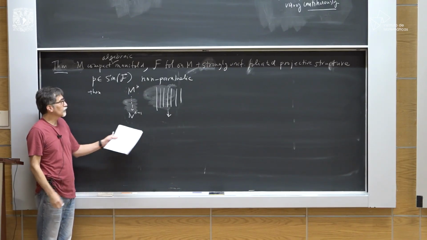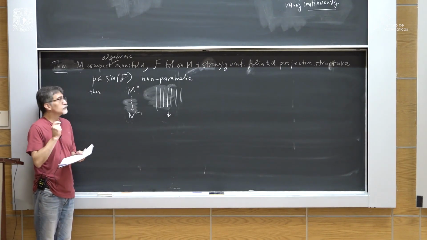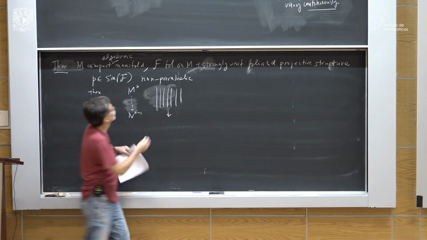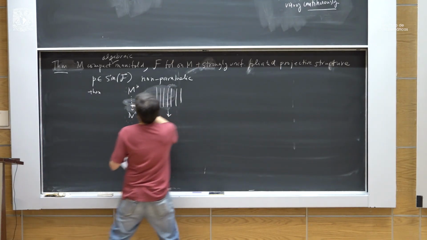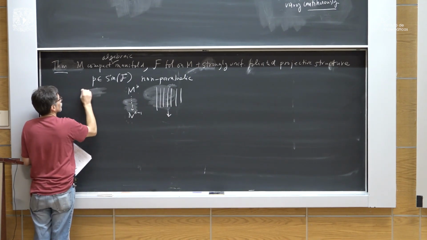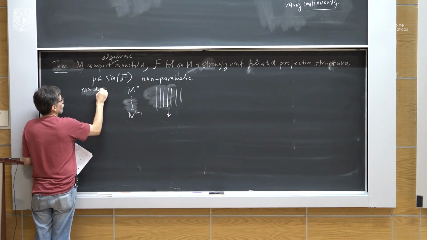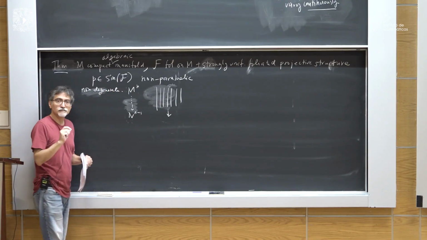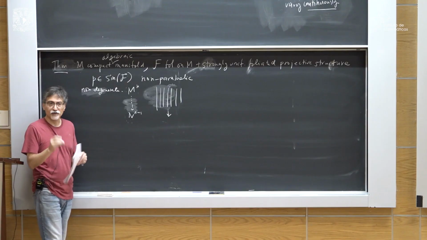Okay, so one non-parabolic, non-degenerate, did I say? Non-degenerate. So just one tells you everything about the foliation.